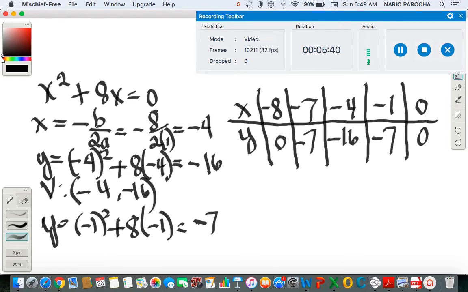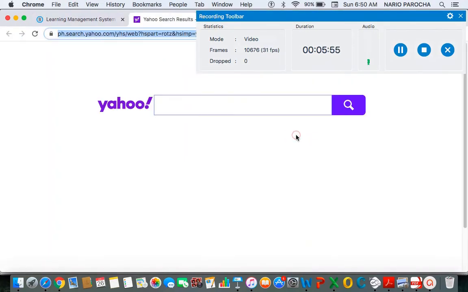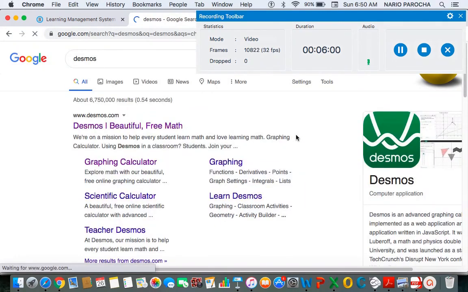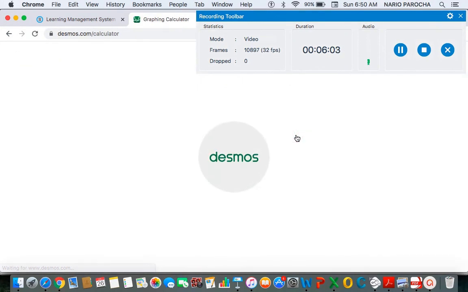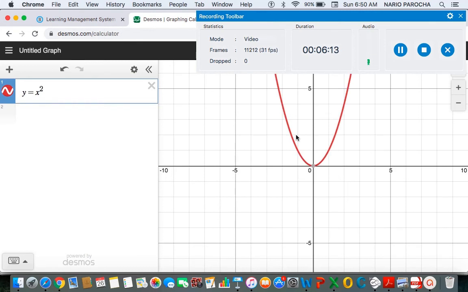Just to make sure, we're going to make use of a graphing calculator or a graphing application called Desmos. We're going to put here x squared plus 8x.